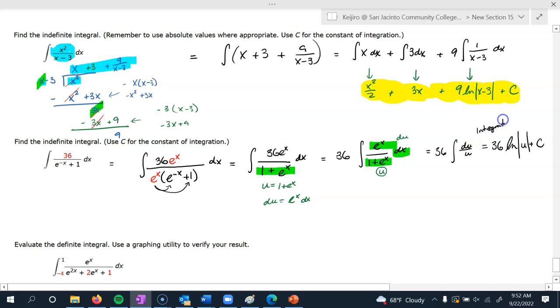And so here is the moment where you integrate. If you switch u back to being in terms of x, that's 36 times the natural log of the absolute value of 1 plus e to the x, and then a plus c.